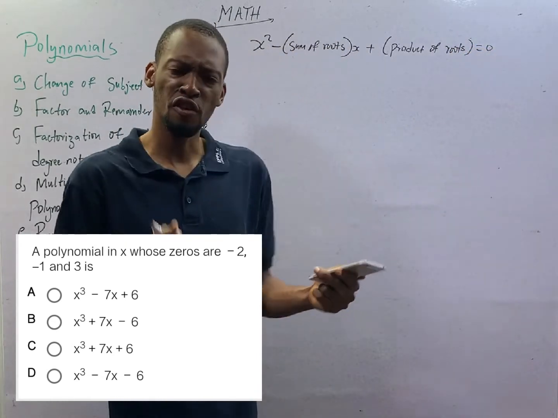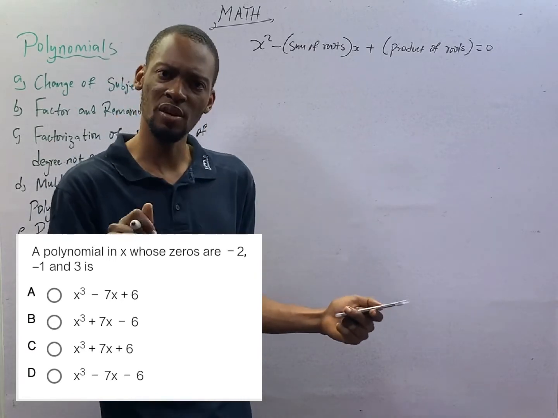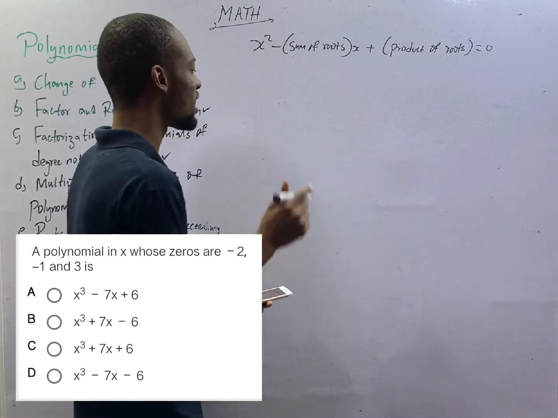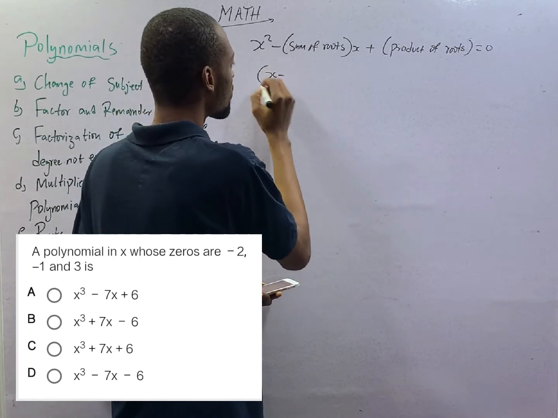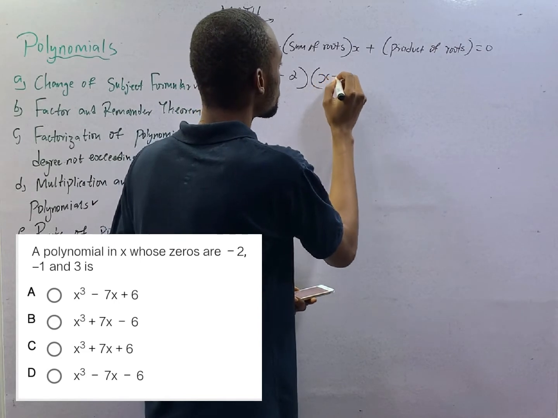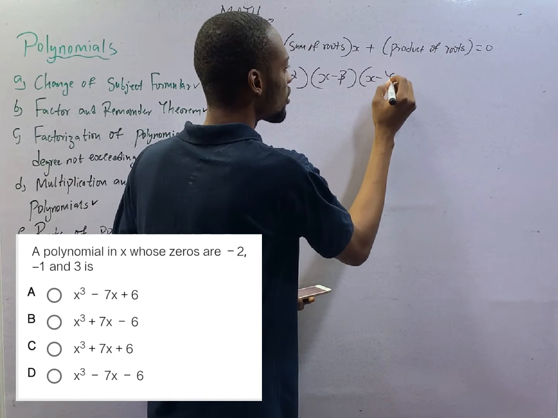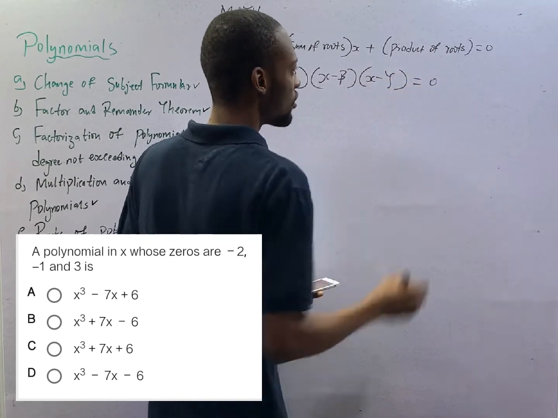How about for cubic polynomials? For cubic polynomials, if you are given the zeros or the roots, you simply say that s minus alpha times s minus beta times s minus gamma is equals 0.